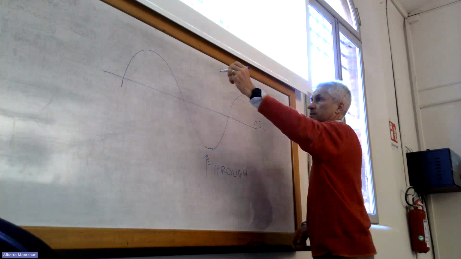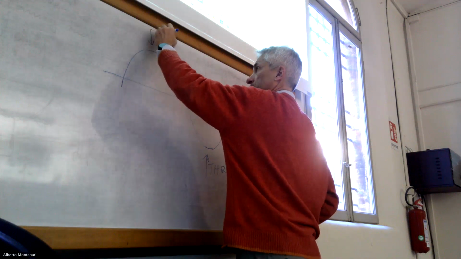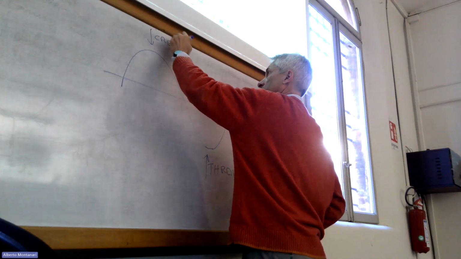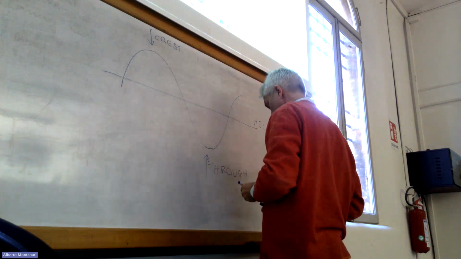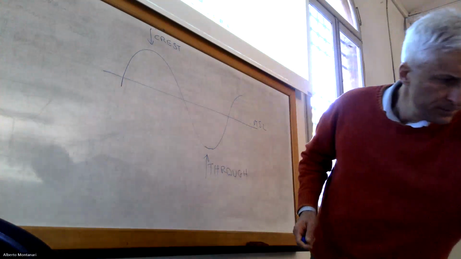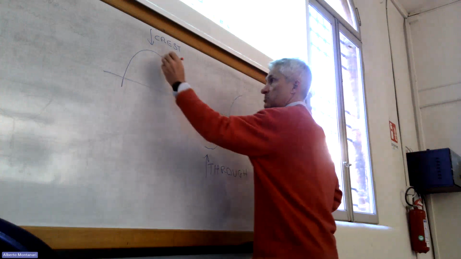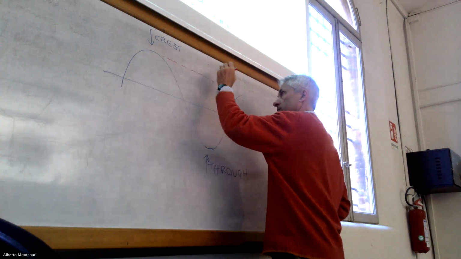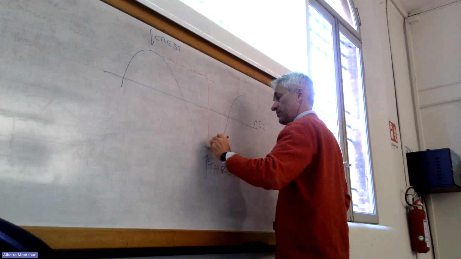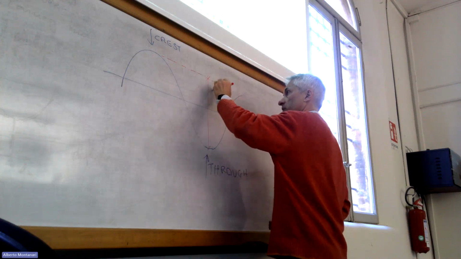And this is the crest. Okay? And the wave height is this difference here. It's the distance between the crest and the trough. Okay? It is this one. This is wave height.